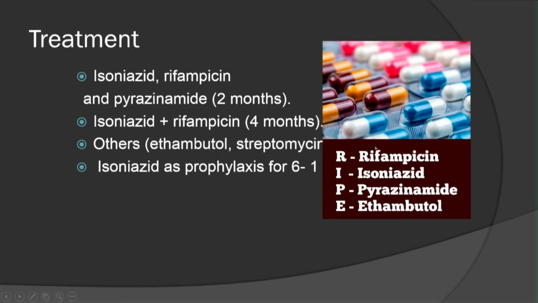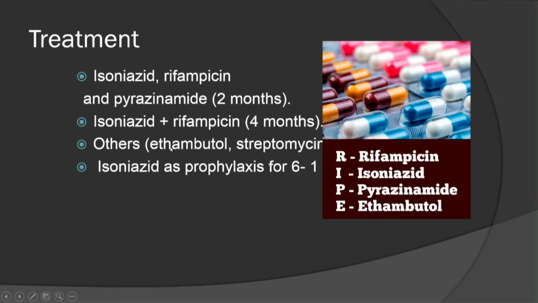Now, from a medical point of view, the treatment is by using anti-tuberculosis drugs, and this includes isoniazid, rifampicin, and pyrazinamide. Actually, as we can see here, this is a combination in order to prevent resistance of Mycobacterium tuberculosis. This can be used for 2 months. It could be isoniazid and rifampicin for 4 months.